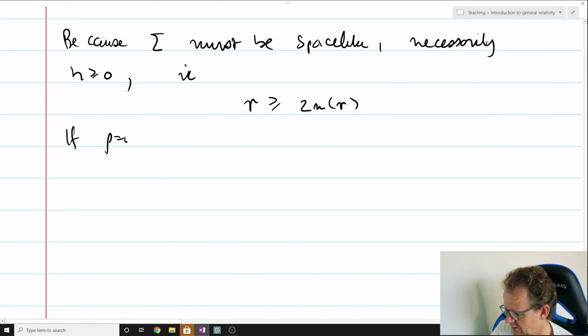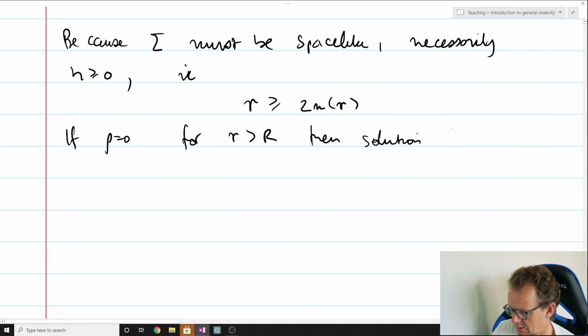And if rho is 0, then we can actually continue our interior solution for H onto the vacuum solution.